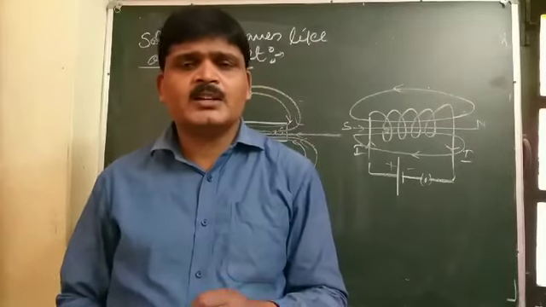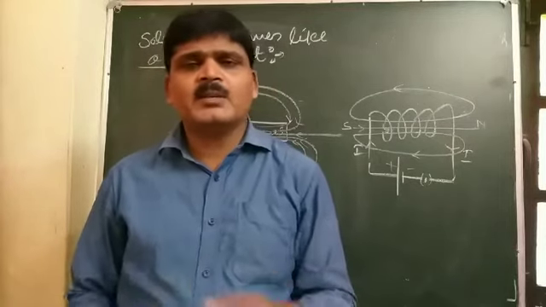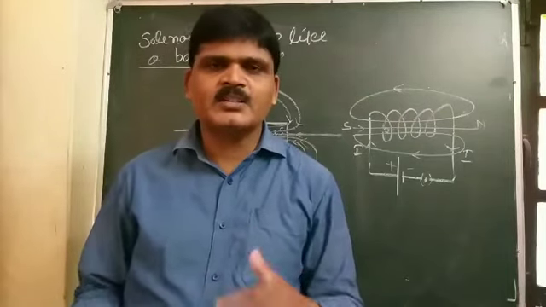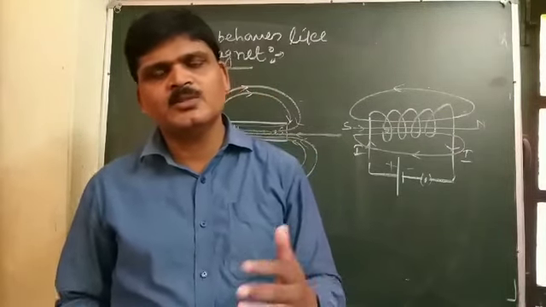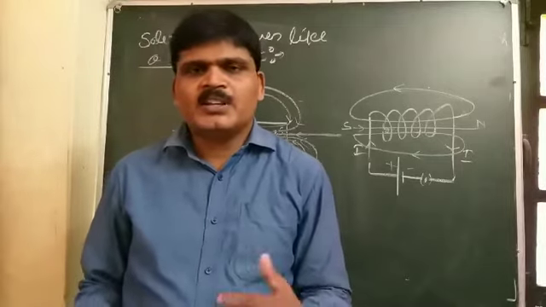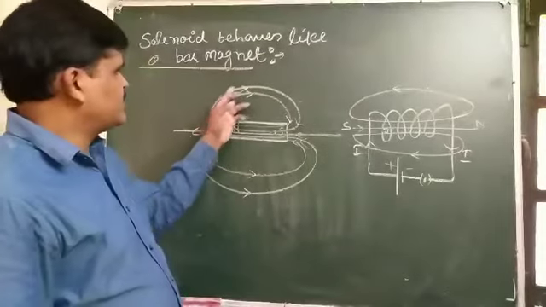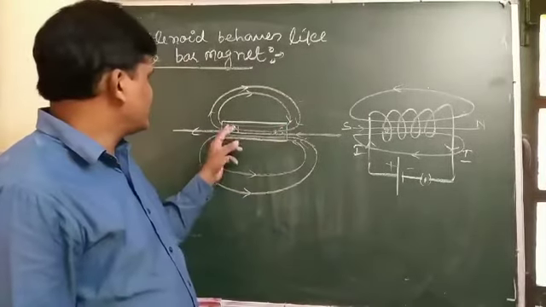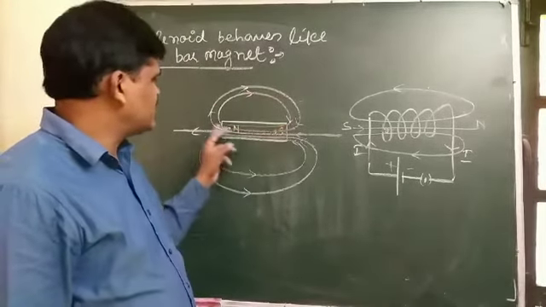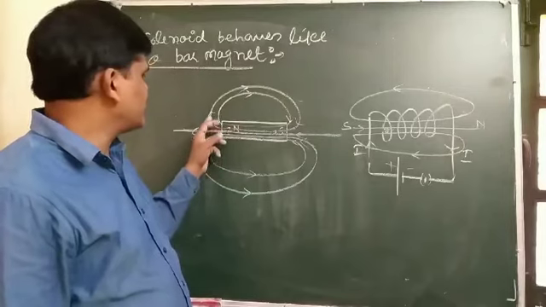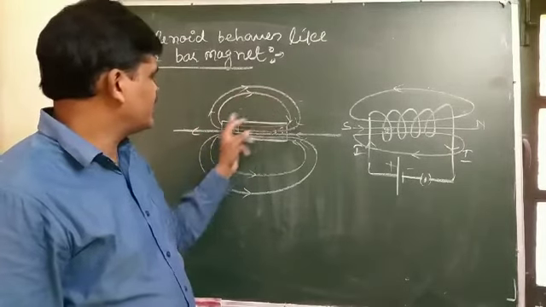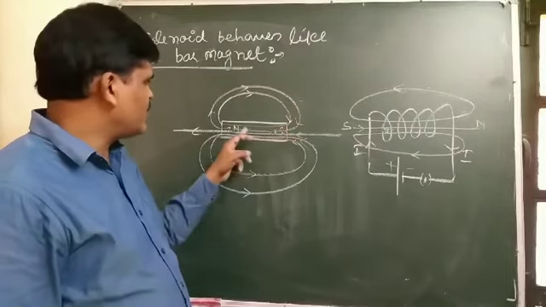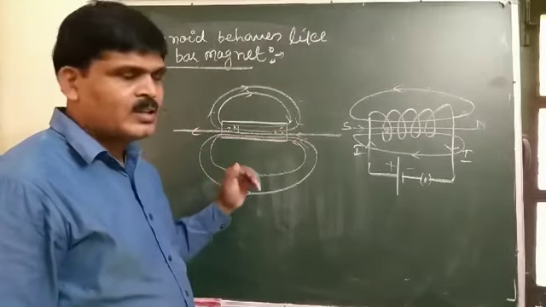So magnetic field can be represented by magnetic field lines, and there are various properties of magnetic field lines. First property: magnetic field lines are continuous and closed curves. Outside the bar magnet, the direction of the magnetic field is from north to south, and inside from south to north.